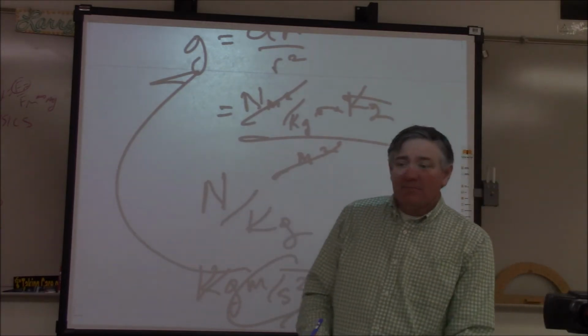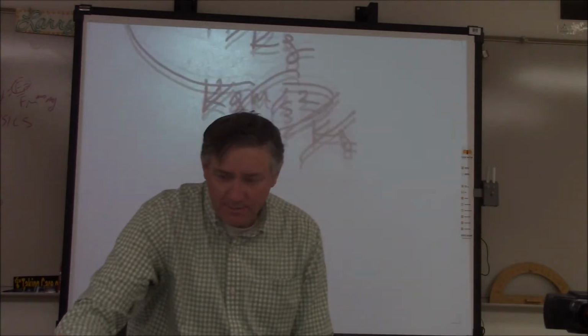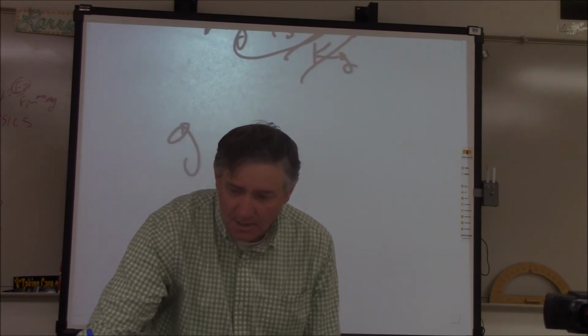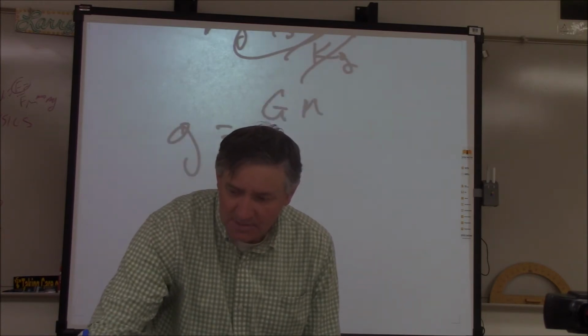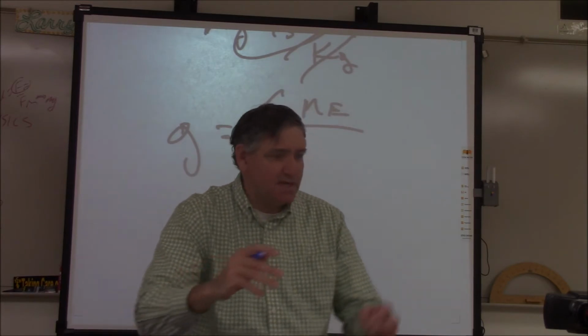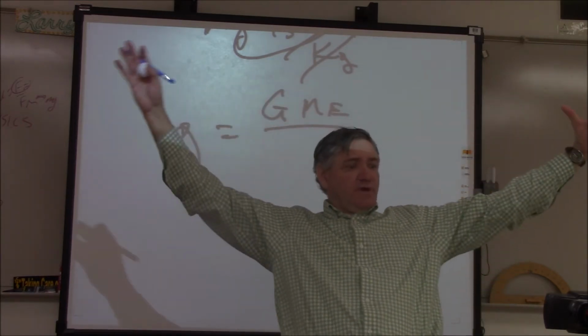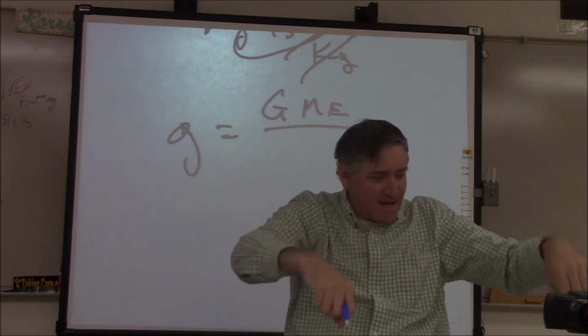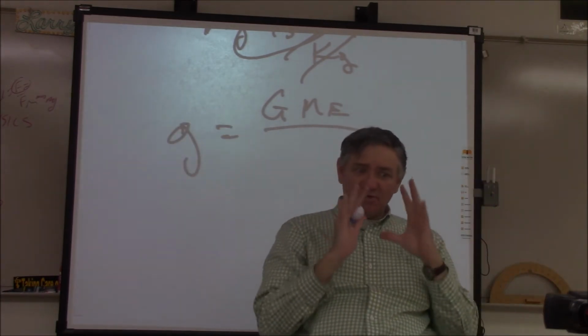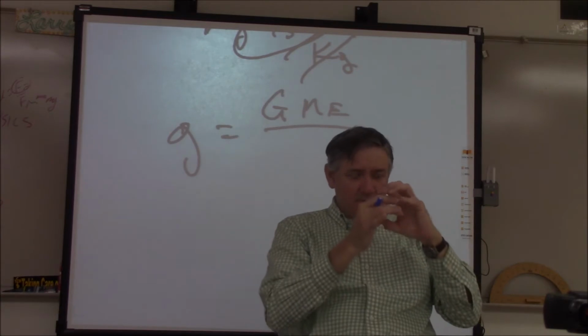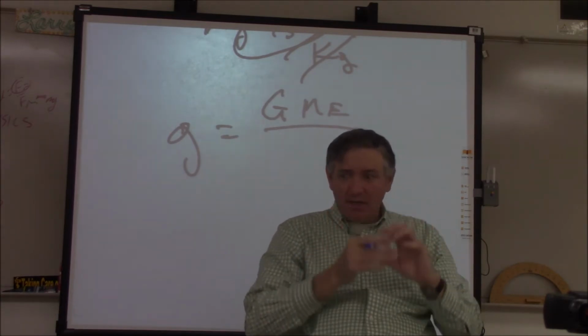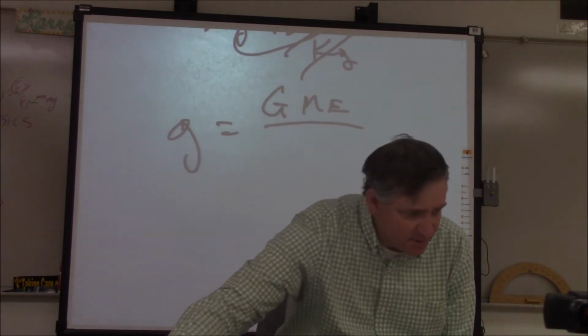Now, because this is r squared, the same thing is going to happen. So let's say that I'm going to take the Earth and I'm going to double the radius of the Earth, but I'm going to keep the mass the same, okay? So in other words, we're going to make the radius twice as big, and I want to see what's going to happen to little g.